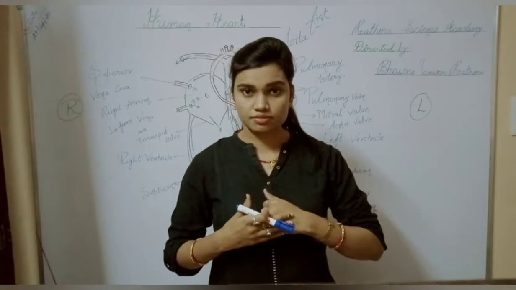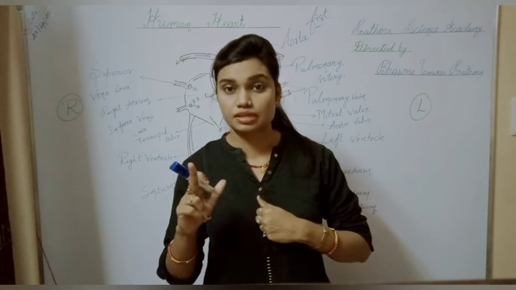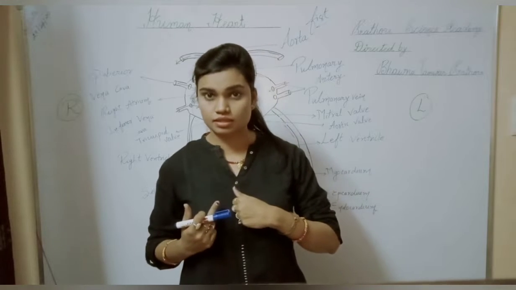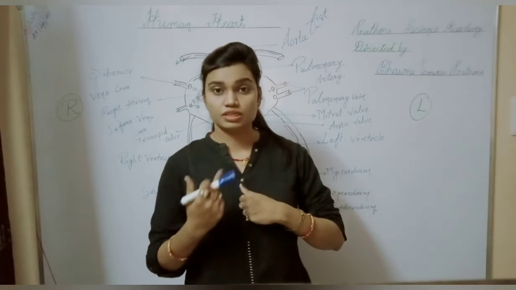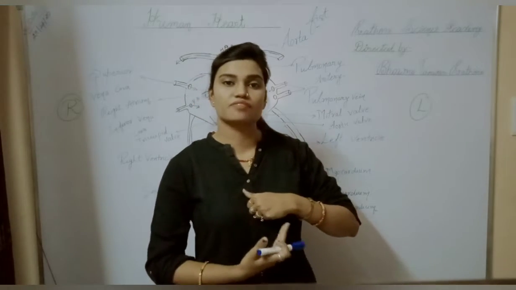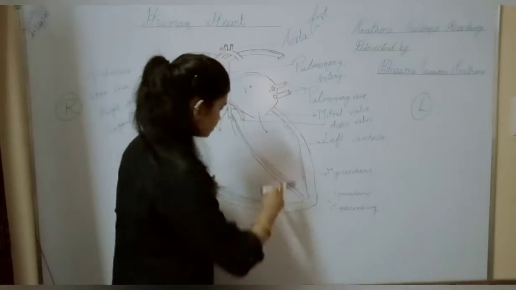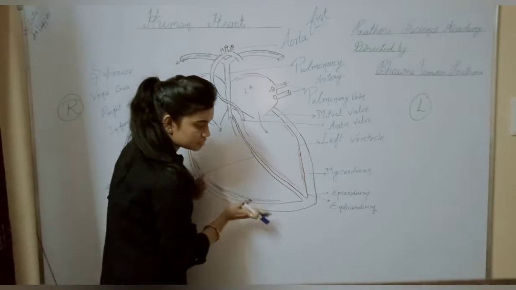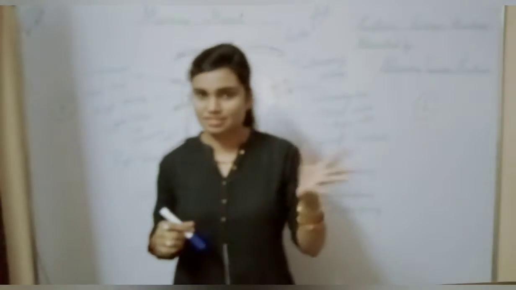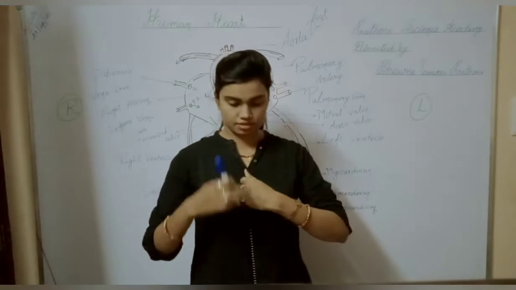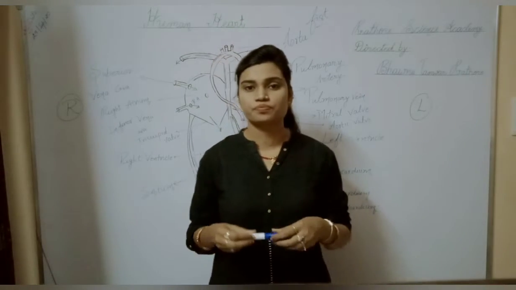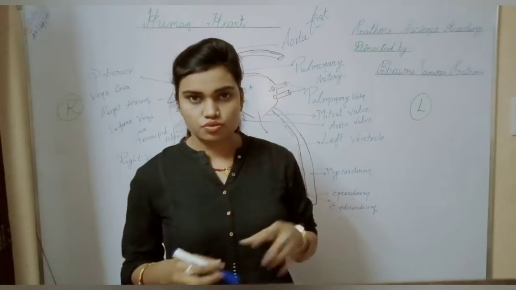Thoracic means chest cavity, or you can say between the lungs, and slightly tilted towards the left side. Yes, this portion of heart is slightly tilted towards the left side. That's why we say that, but exactly it is in the middle of the thoracic cavity and slightly shifted towards the left side. Now location is over.